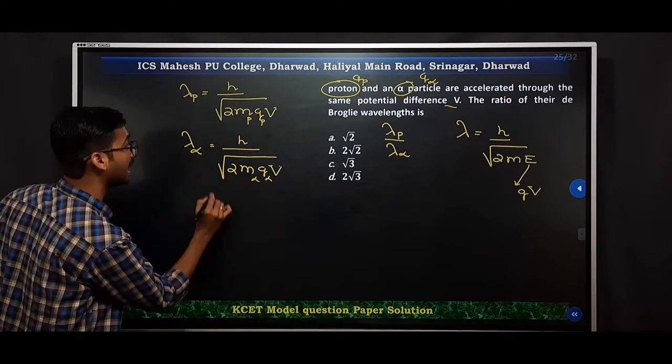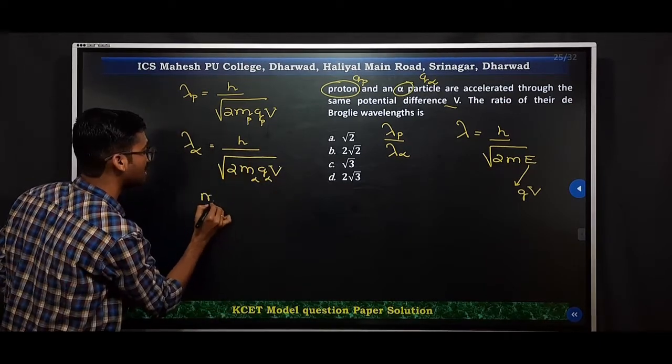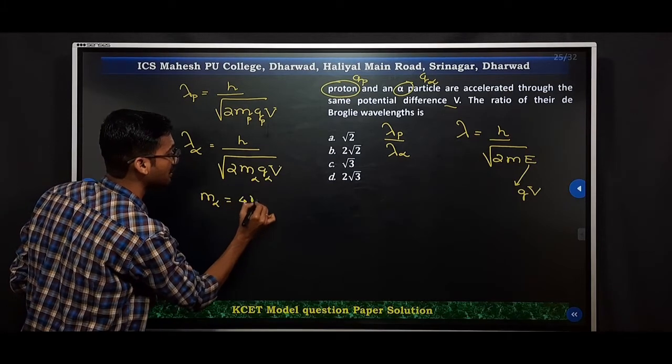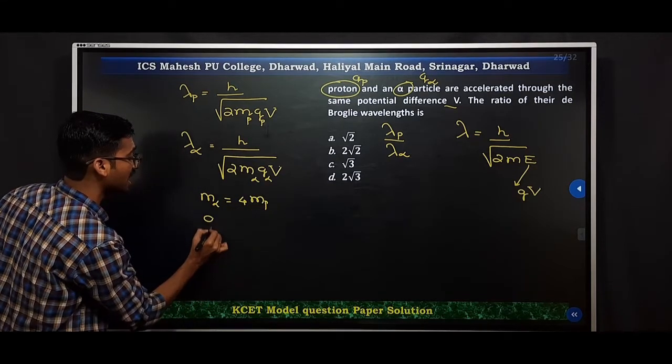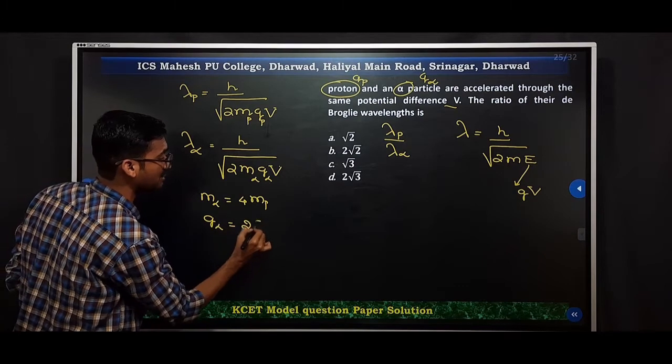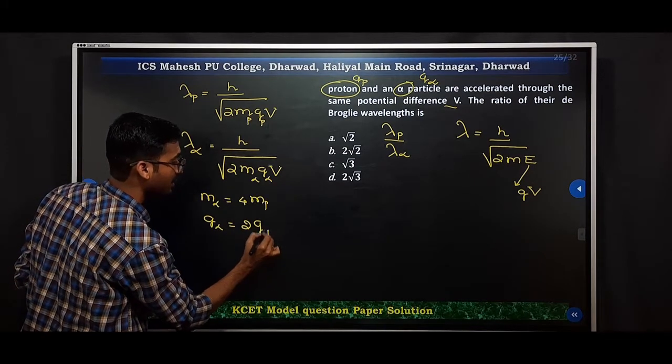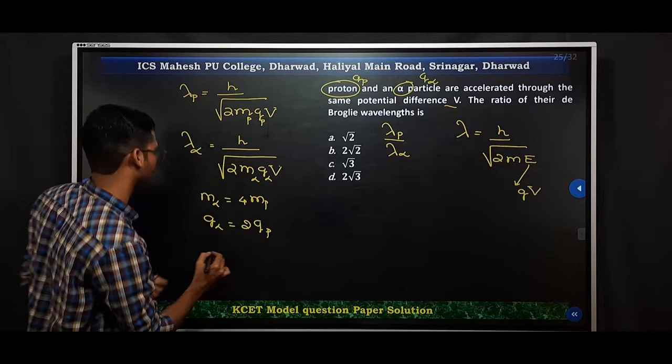Okay, we know one idea, that is the mass of the alpha particle is 4 times the mass of the proton and the charge of the alpha particle is 2 times the charge of the proton. Use these values in the above equation.